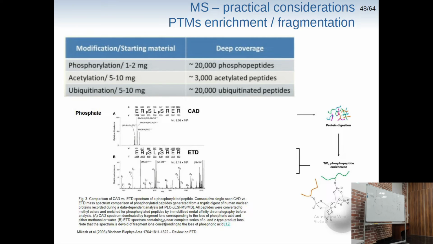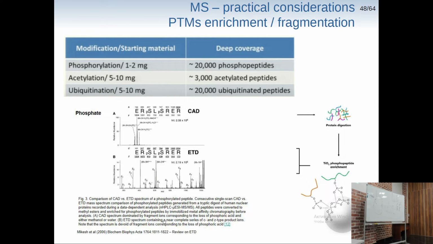But we've discussed only one kind of fragmentation, so-called collision-induced fragmentation, where in this quadrupole there is some gas, and our analyte just kinetically gets energy by collision with this gas. Actually, the gas doesn't break our analyte in a single collision. It will get excited. It will get just additional energy, and then this analyte will fragment by itself.